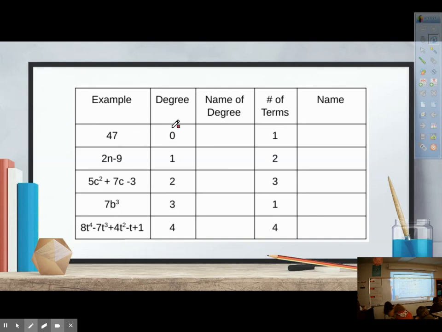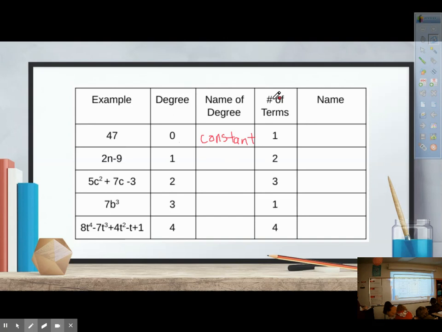The degree would be 0 because it could have, say, x to the 0, which is just 1, so it cancels out. That's why it's to the 0 power, because you have 0 variables. We call this a constant. Anytime you have a number that's by itself and does not have a variable, it's called a constant. And the degree would be 0 because the highest exponent is 0.